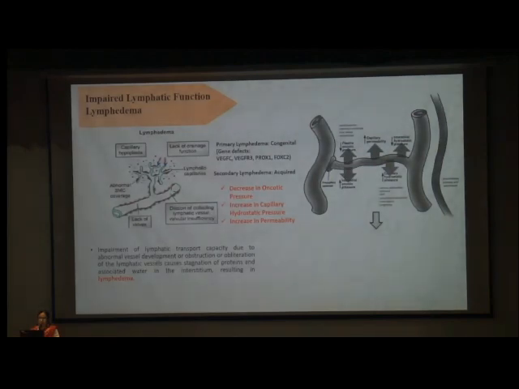And all these actually change the fluid dynamics. There's decrease in oncotic pressure, there's increase in hydrostatic pressure, capillary hydrostatic pressure, and there's increase in capillary permeability. So the result is lymphedema or lymphostasis, which actually leads to compensatory lymphangiogenesis.